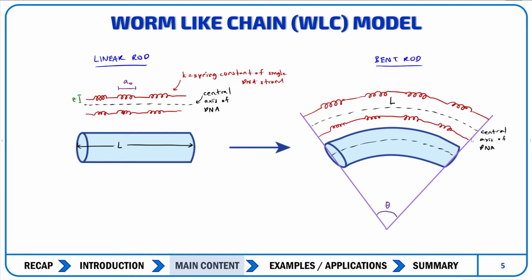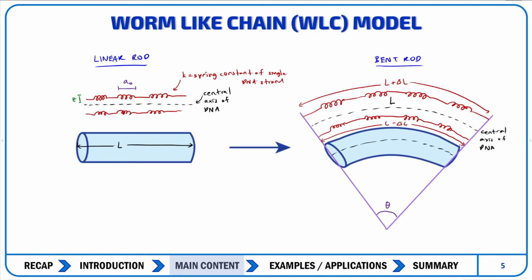So I have two of these, and there is going to be a change in length. The length of the DNA strand up top is going to be a little bit longer than the DNA strand at the bottom. So we are going to consider the top length to be L plus some sort of delta L, and we're going to consider the bottom length to be L minus delta L.